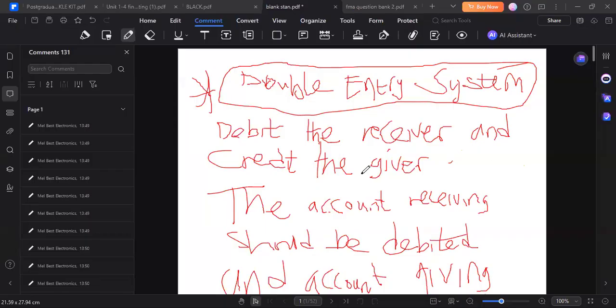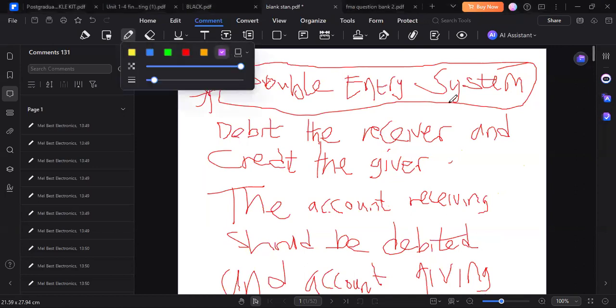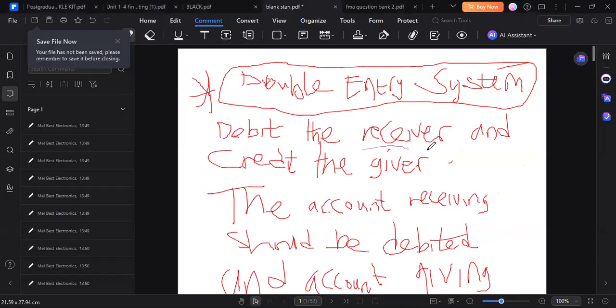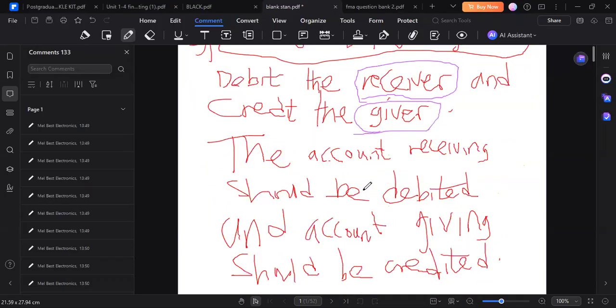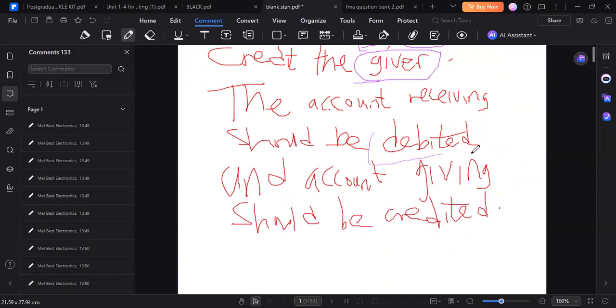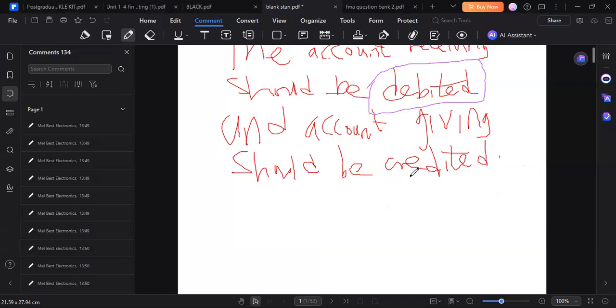Yeah, so here this is what goes on. In the double entry system, you debit the receiver and credit the giver. So the account receiving should be debited, and of course, the account giving should be credited.